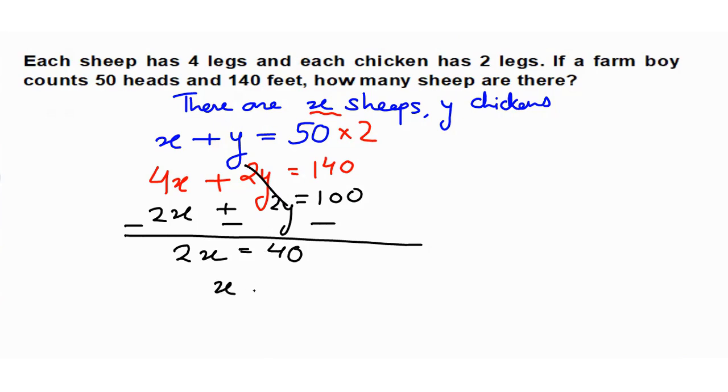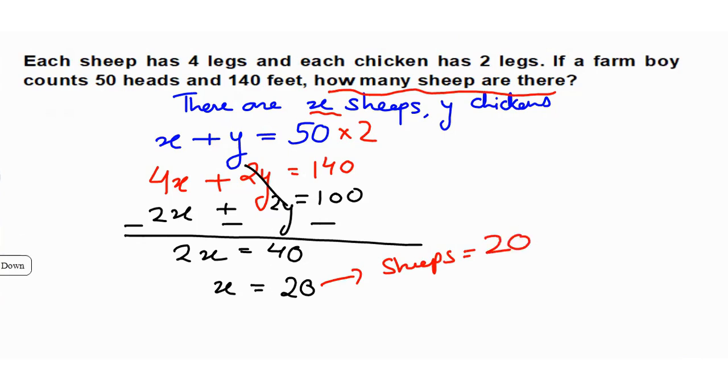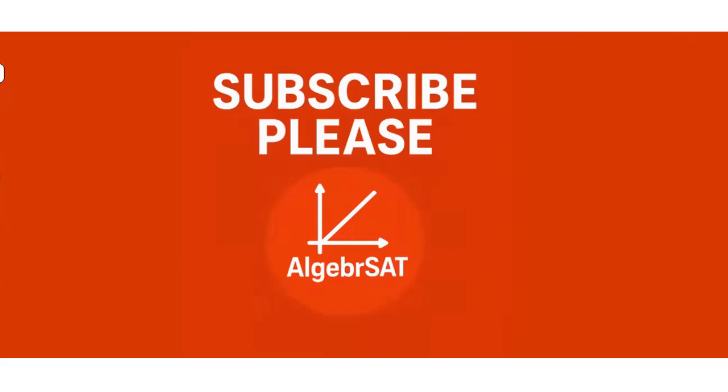So x is coming as 40 upon 2, that is 20. You can solve for y also, but again, you don't need to because it's asking how many sheep are there. There are 20 sheep. So this will be the answer. And please remember to do this also.